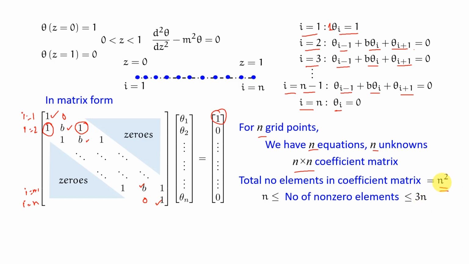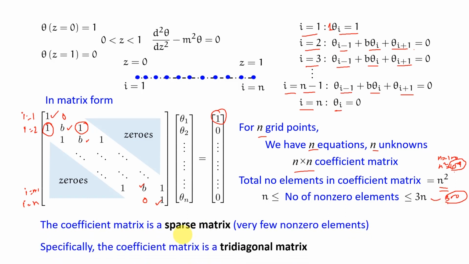So overall, if n is, for instance, 100, then the number of elements in my coefficient matrix would be n squared, which is 10 raised to 4. But the number of non-zero elements will be of the order of 300. So within these 10,000 elements, only 300 are non-zeros. So most of the elements are zeros.